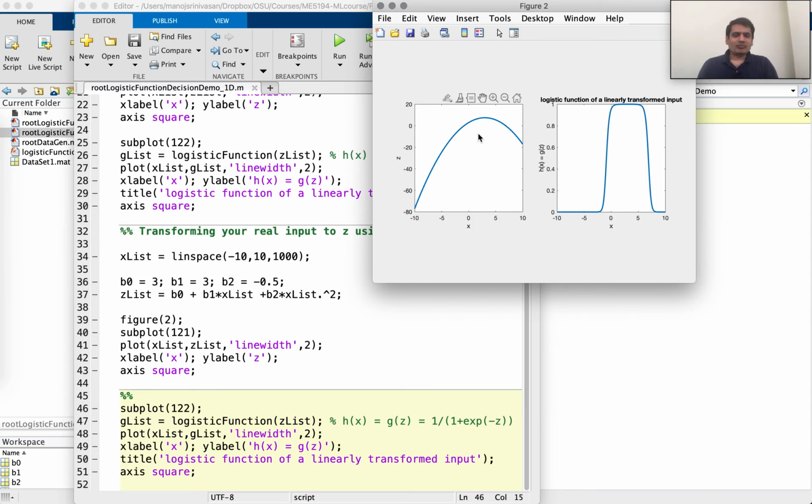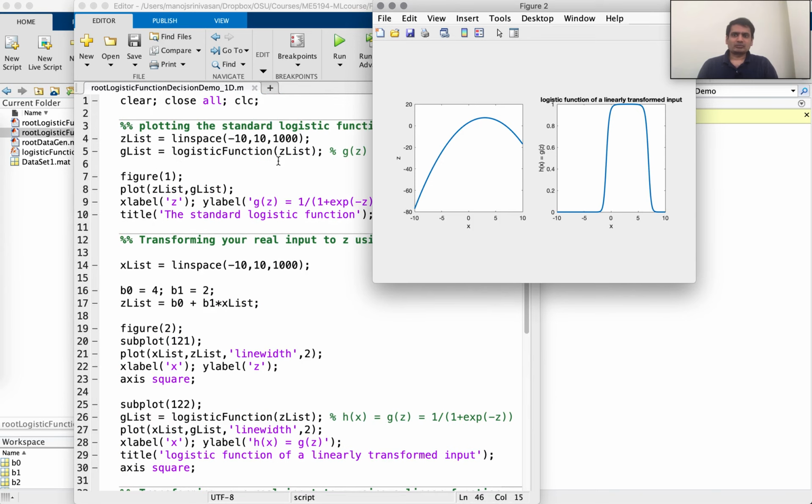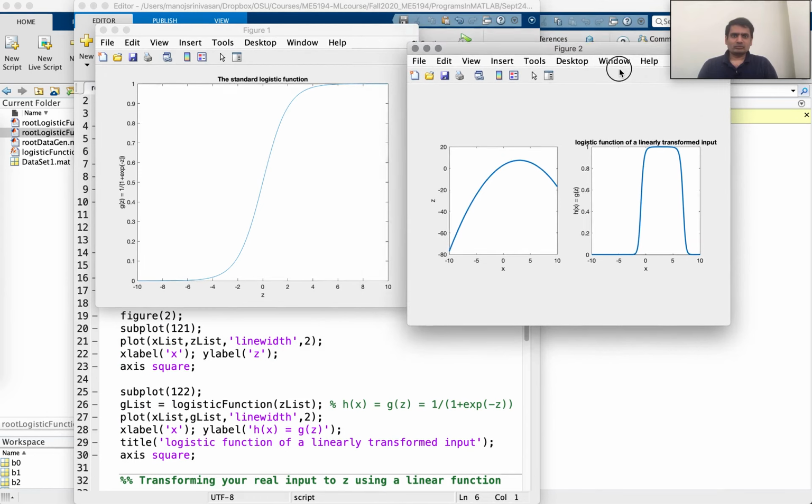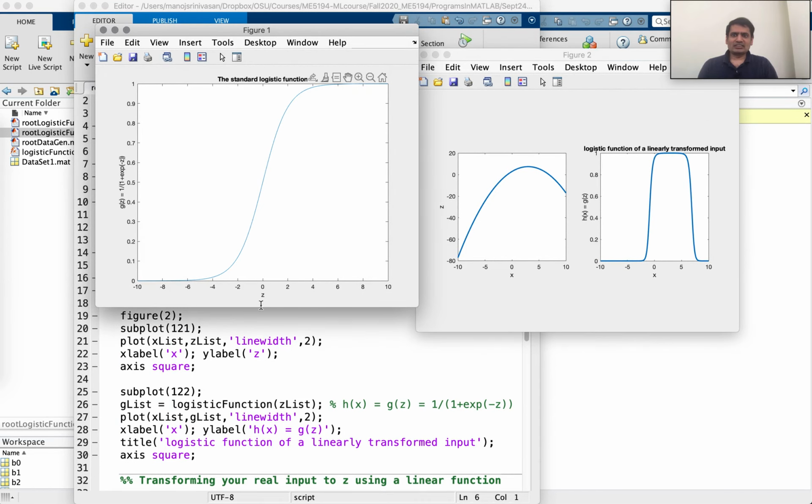Now, why is that? Recall how g is related to z, and z is related to x in this manner. When x is very negative, z is very, very negative.